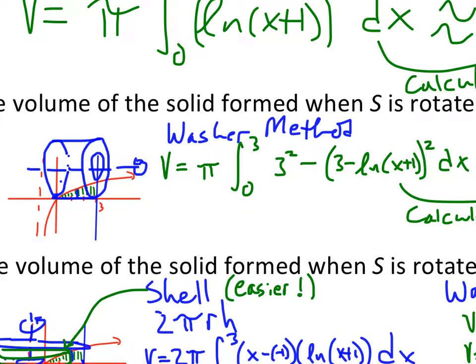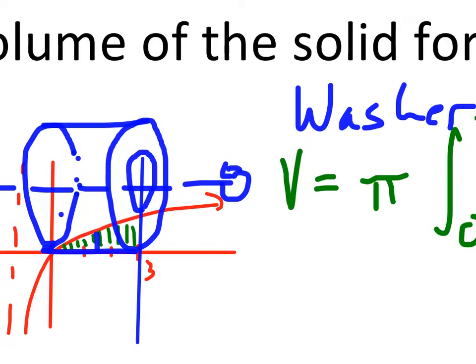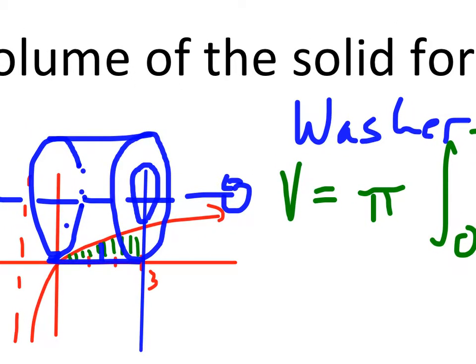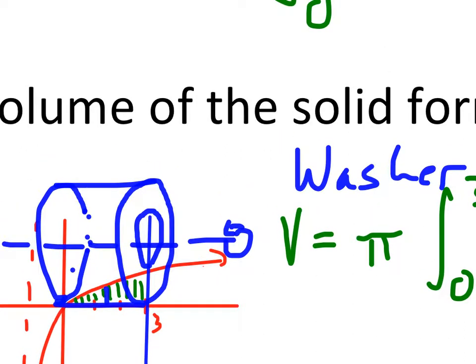Well, the big radius here is this distance from the axis to the curve. Okay, that's big R. Little r is this function right there. Okay, actually little r might be better to see it as this.